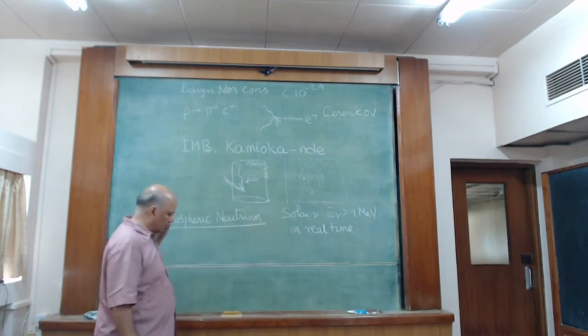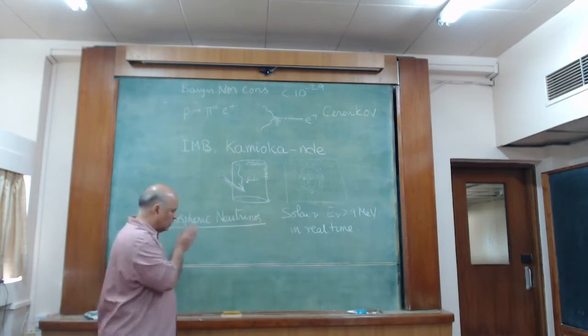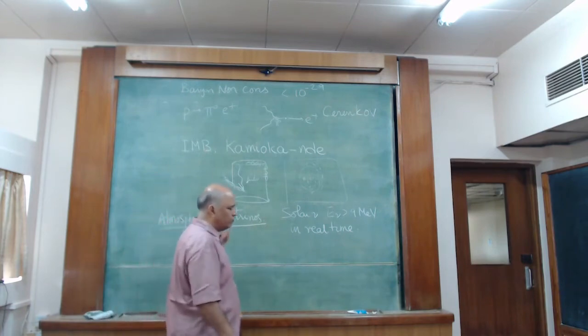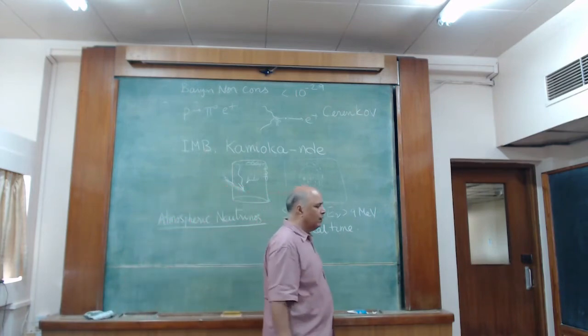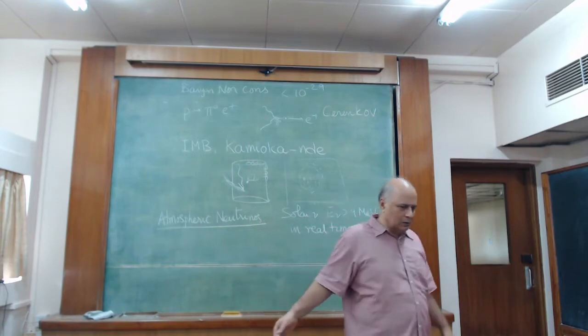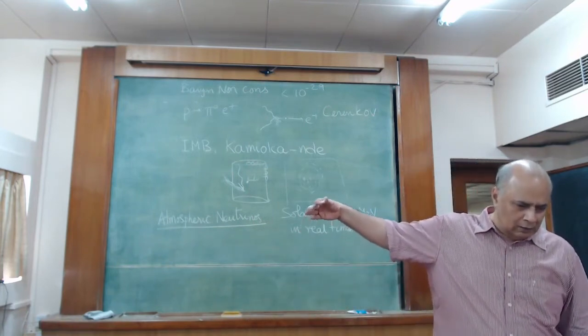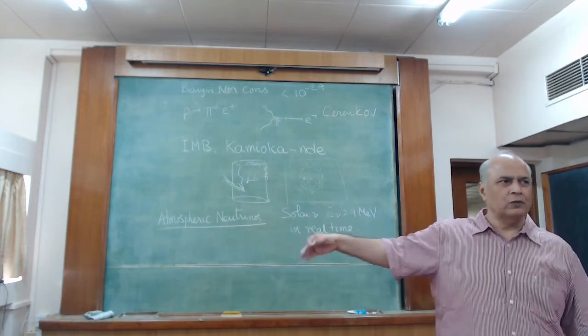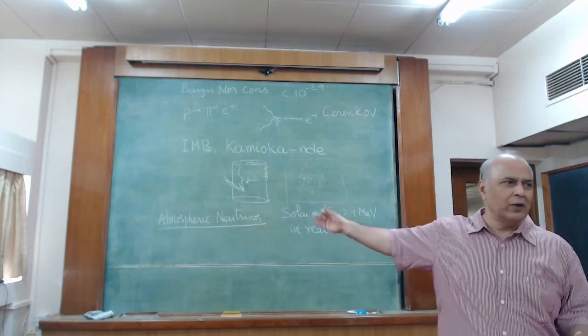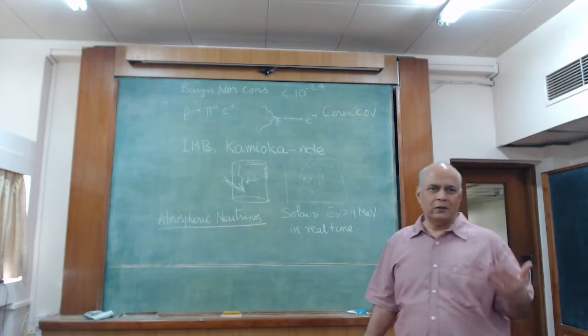And by the way, this is again something quite funny, if you can say. This business of, I believe that atmospheric neutrinos actually play an important role in these experiments.